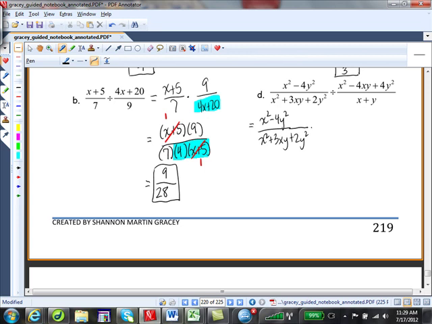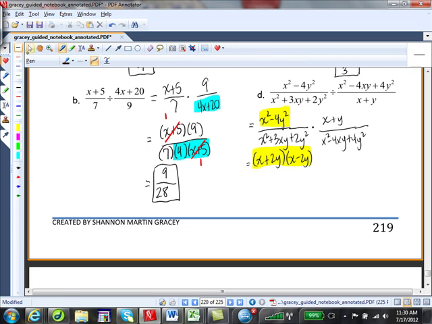So this will be times x plus y over x squared minus 4xy plus 4y squared. So now factoring. This will factor as x plus 2y times x minus 2y. That's our first numerator.